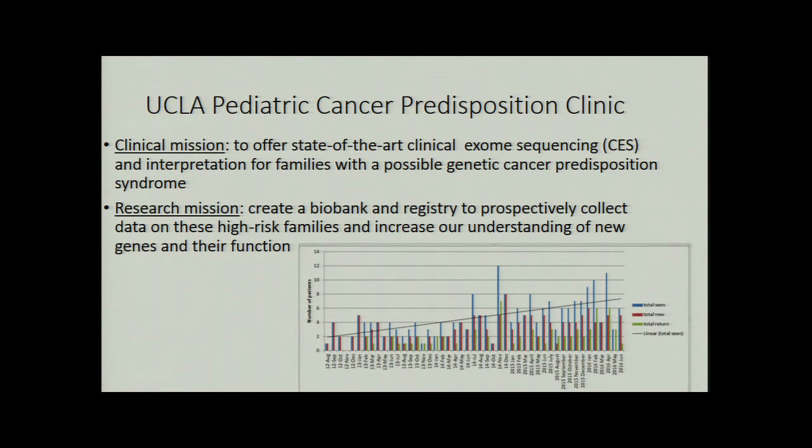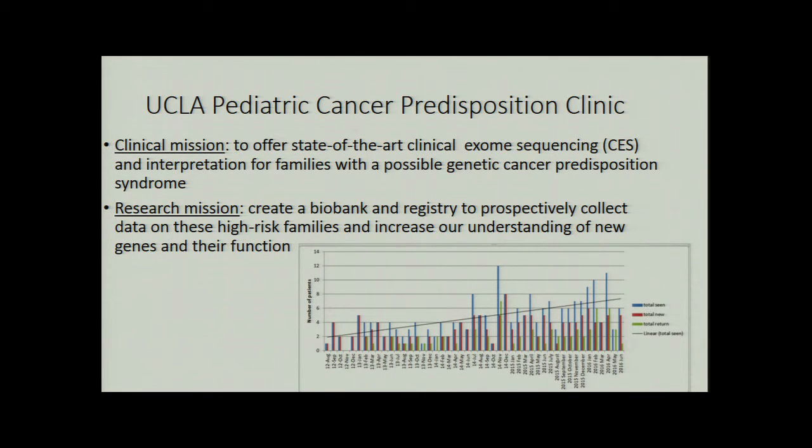So given the growing evidence that genetic diagnosis of cancer predisposition is important and can also impact overall survival through cancer surveillance plans, as well as opening opportunities for potential chemoprevention, Dr. Martinez and I established a unique multidisciplinary clinic called the UCLA Pediatric Cancer Predisposition Clinic back in 2012.